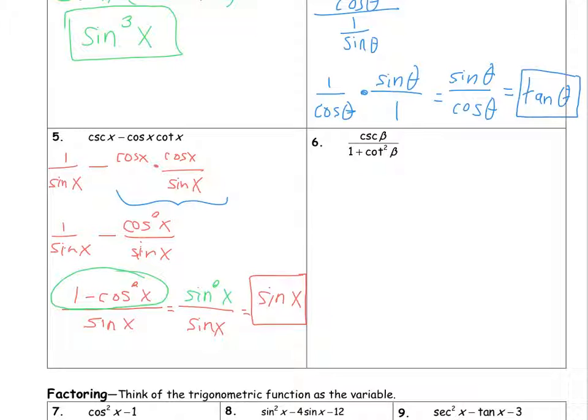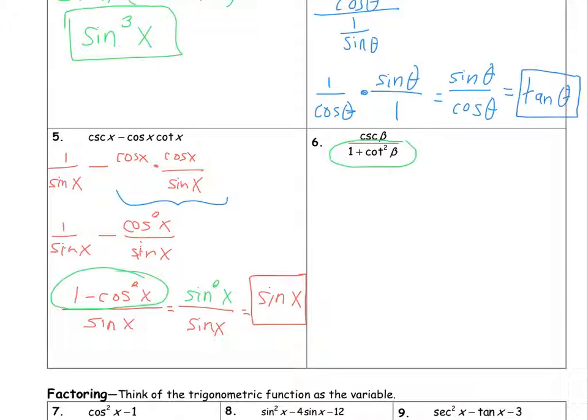And the last one I'm going to work out for you is number 6. Don't forget about the beta, folks. Alpha, beta, theta, x, y, it's just a variable. Just a letter. Don't hate on letters. 1 plus cotangent squared beta. Wait a second, here we go again. I'm pretty sure that is a Pythagorean identity.